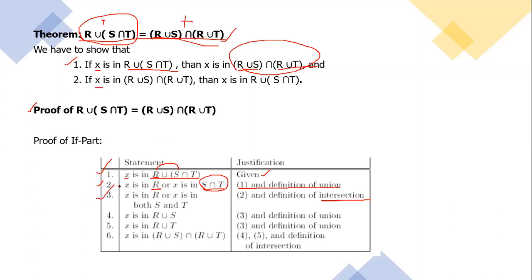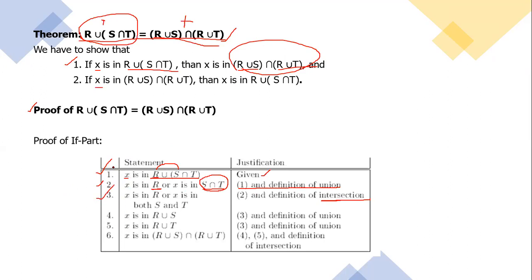Please read each and every term and you will be able to understand. This is the third point. I'm just taking the element in the left hand side and trying to prove that the particular element is also present in the right hand side. This is my problem. I'm going to do this only.